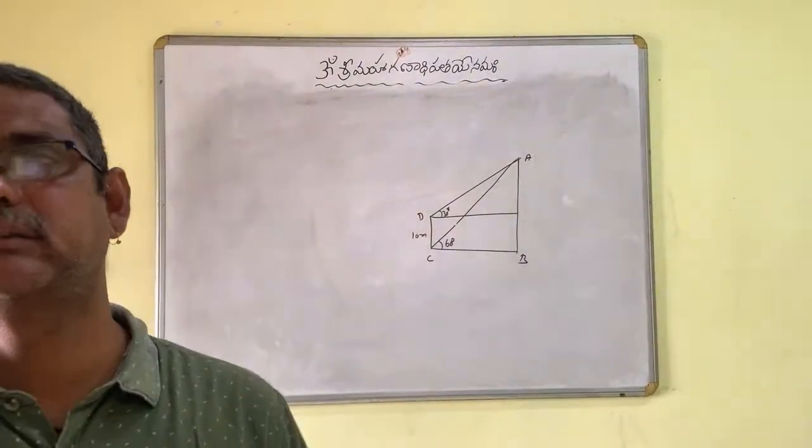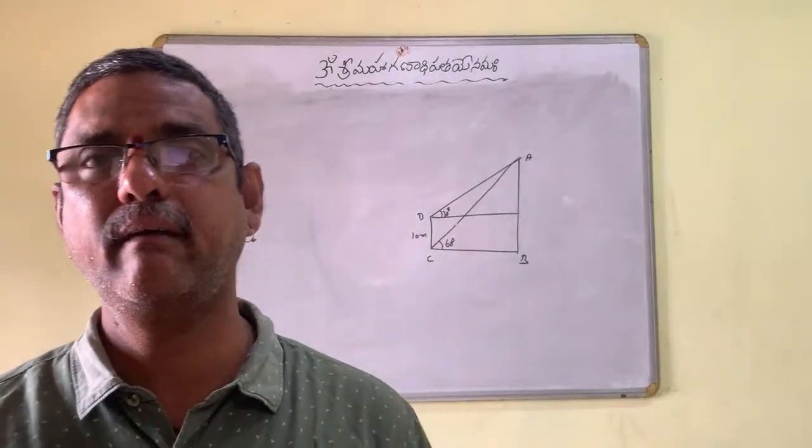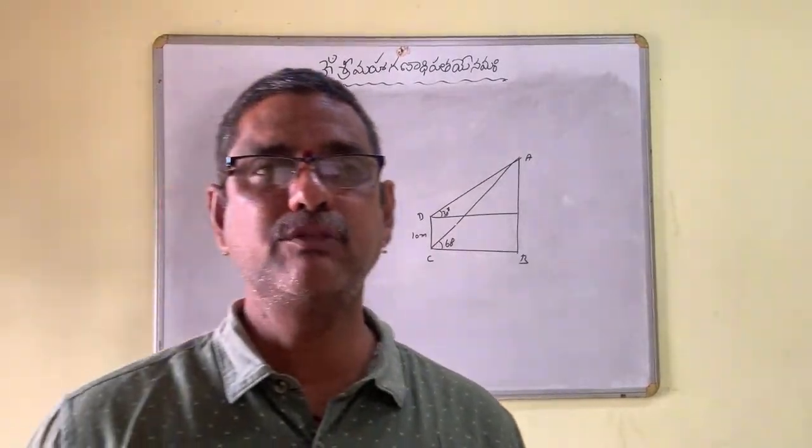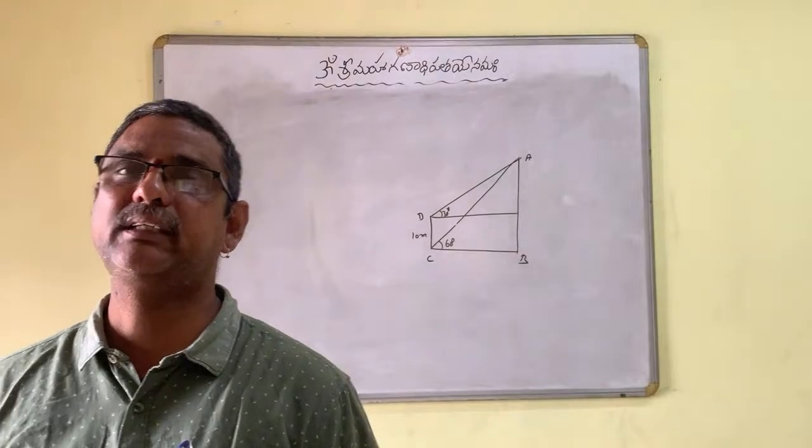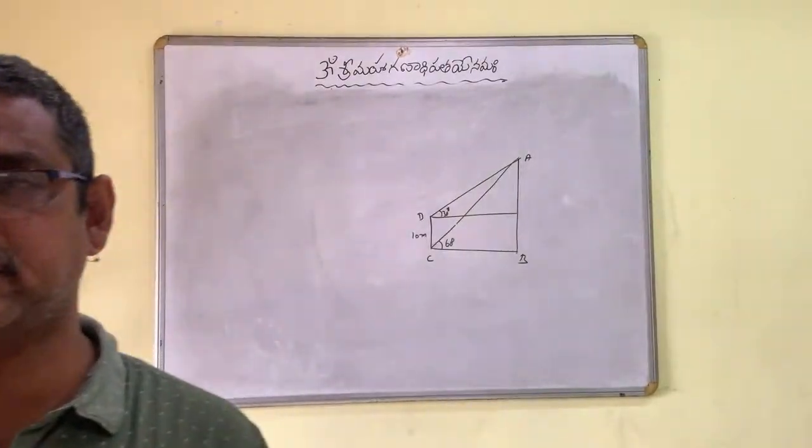Understand, children? There is a tower AB, and from C, the angle of elevation of the top of the tower is 60 degrees.